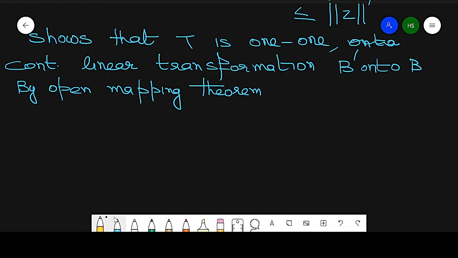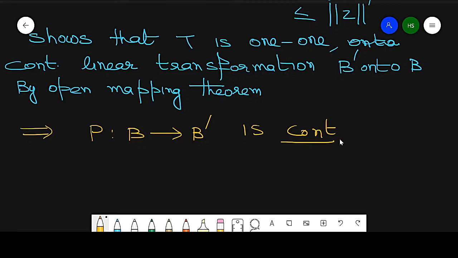Continuous, one-one and onto. So this is a continuous open mapping, one-one and onto. So T, B and B dash are homeomorphic. If it is homeomorphic, then from B to B dash it is continuous.